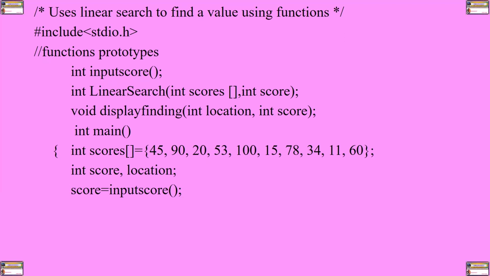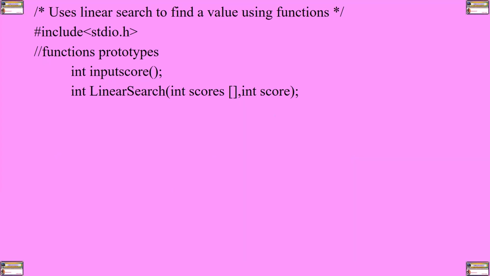Therefore, when this statement is executed by the processor, the control will be taken to the prototype, the declaration for the function. And this will tell the processor that the function called linear search is supposed to receive two parameters, one of type array, that is an array of type integer, and the other one, score, of type integer.